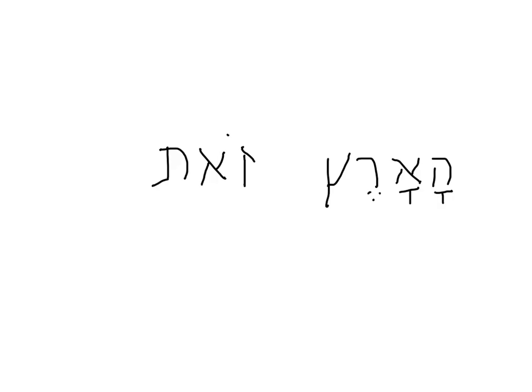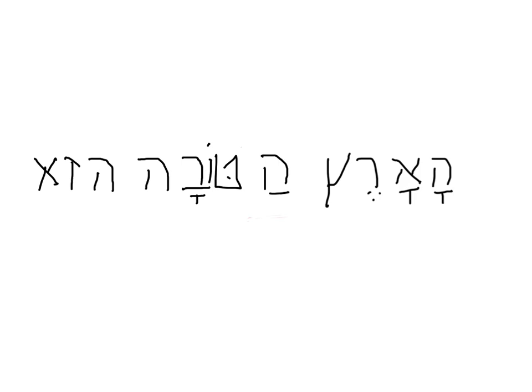Just like an adjective, so too with the demonstratives, it must have the same definiteness as the noun that it modifies. So since we have the land, we have to have the definite demonstrative as well. So that is literally the land, this one, and we would just say this land.